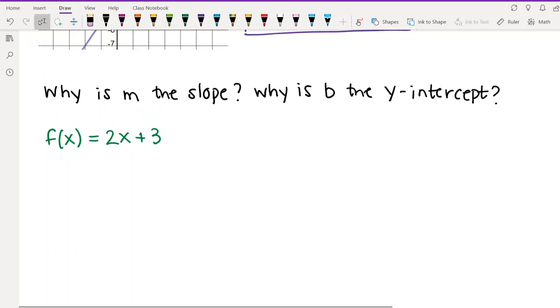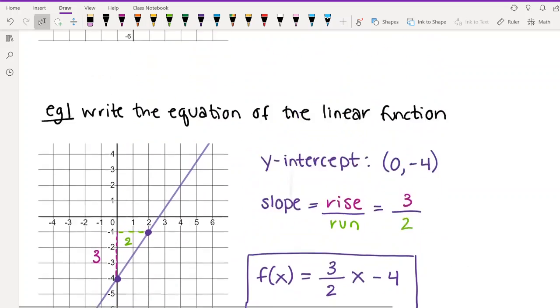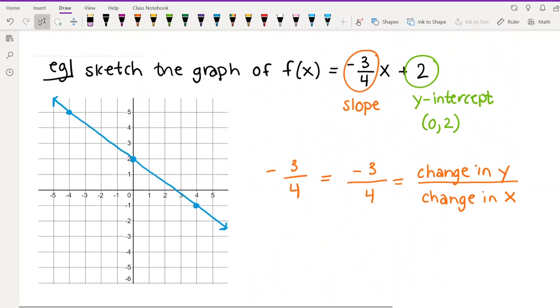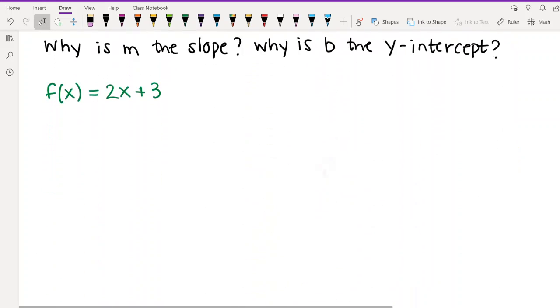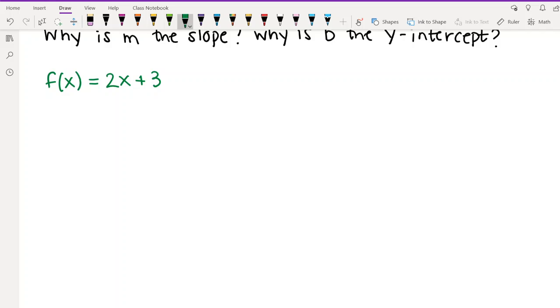The fastest way to sketch a linear function is to look at the slope, look at the y-intercept, plot the y-intercept, plot another point, and connect them. That's it. Making a table is kind of a fallback plan if you forget what you're doing with the linear function. But the reason I'm making a table here is because I think it will illustrate why m gives you the slope and b gives you the y-intercept.